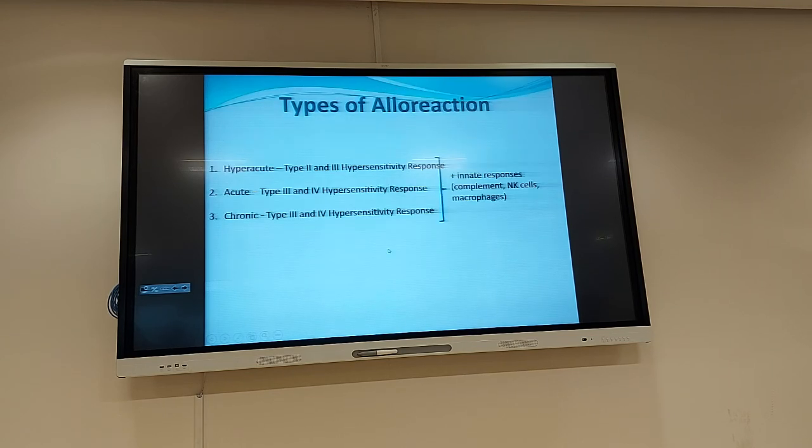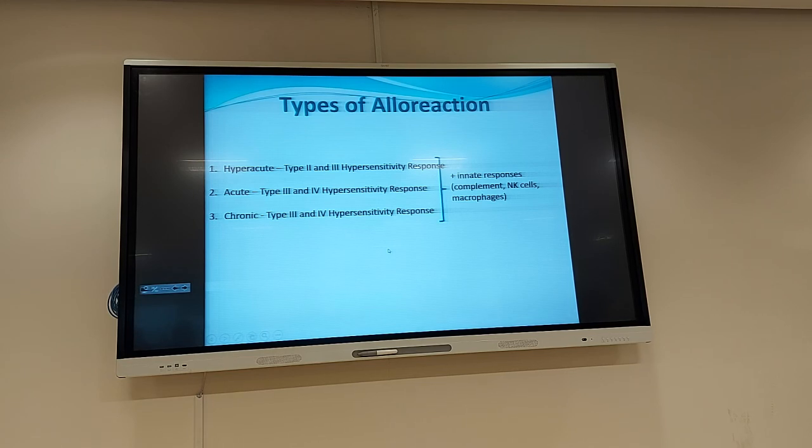With regard to the types of rejection, we can have very fast hyperacute rejection, which can happen within hours after transplant. The normal type of rejection which we associate is known as acute rejection, which is a type 3 and type 4 hypersensitivity response.